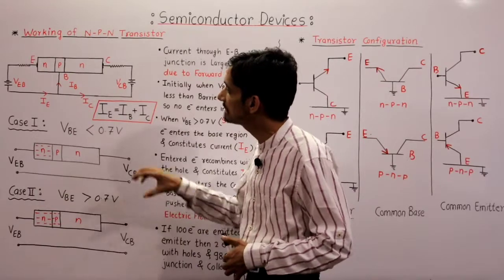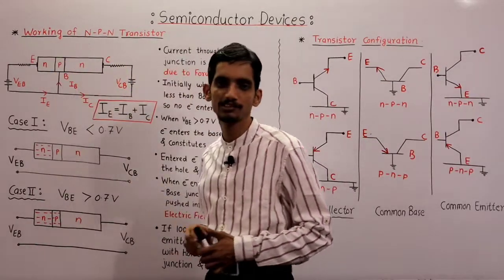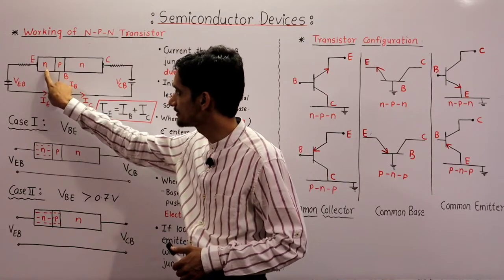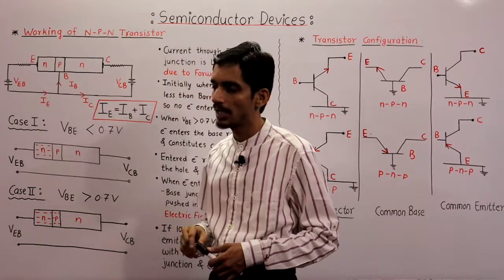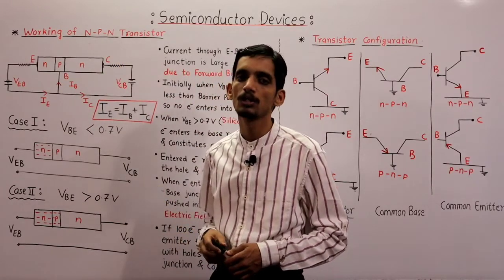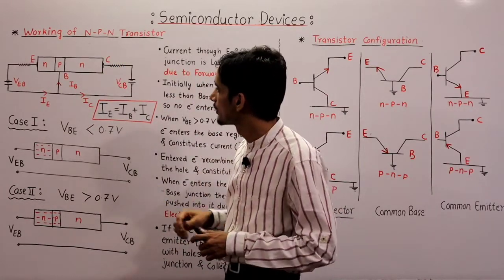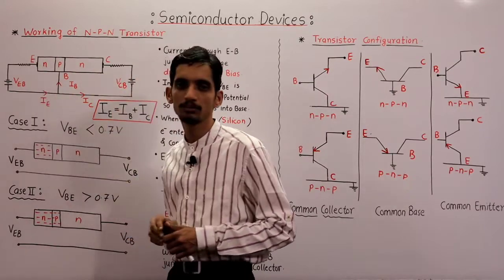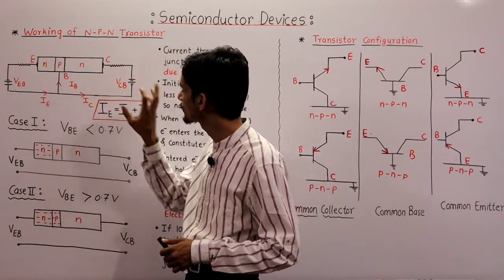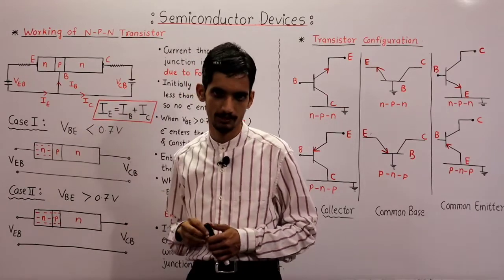Now listen here, consider this is an NPN transistor in which the three regions are emitter, base, collector, and the terminals are emitter, base, collector. The emitter to base junction is forward biased and the collector to base junction is reverse biased.